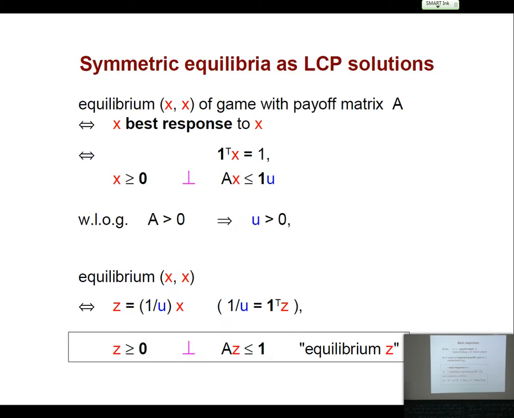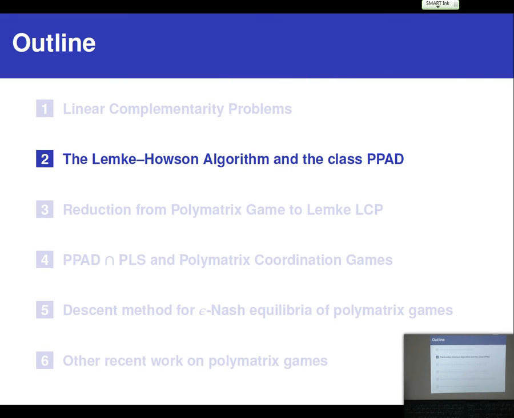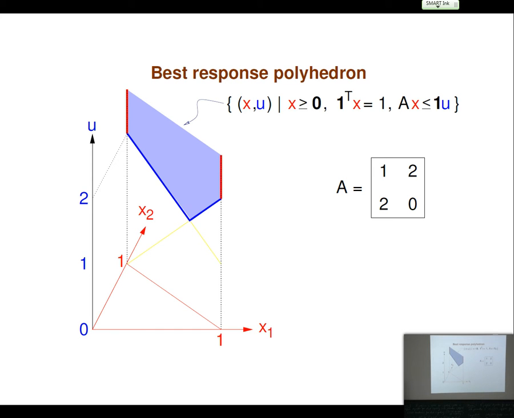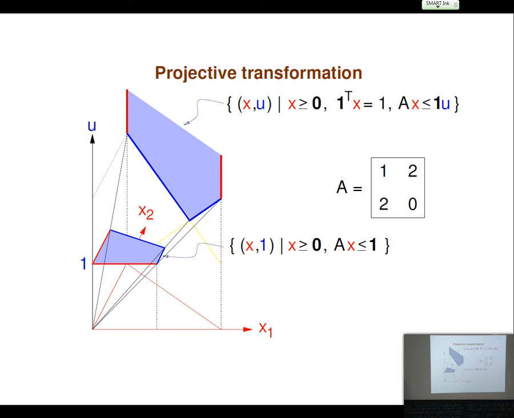But as you'll see, what we're really doing here, let me go to a picture. We have some best response polyhedron, where you see here we have U as a variable that defines this polyhedron.